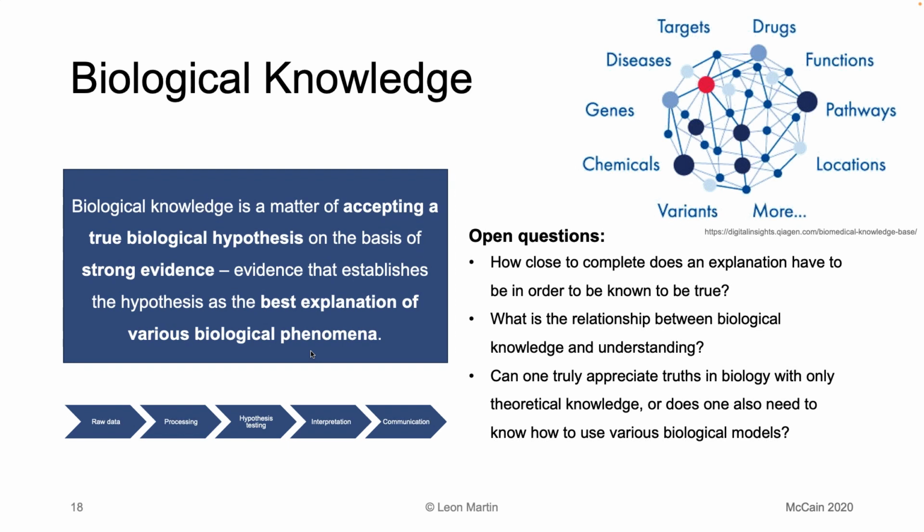So how close can we get to the truth? And if you go in the direction of Karl Popper and this philosophy of science, then we can't really get to the truth. We can only rule out false hypotheses. We can only falsify, but not verify. But still, we need a practical definition of knowledge.